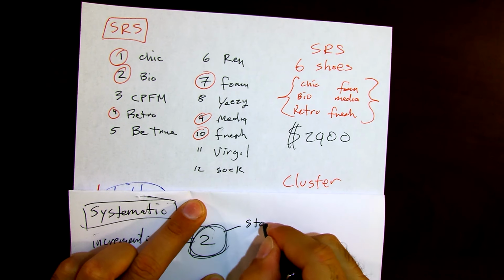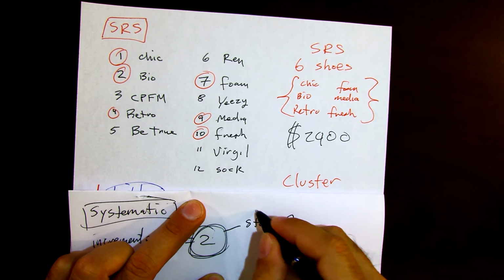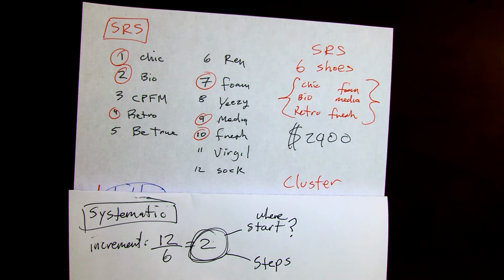All right, once you get your starting point, you've already done all the work. Now it's just counting. Watch, it's just counting. Because if I'm starting on 2 and I take 2 steps, where do I end up? Let's see. 1, 2. That's my next selection.